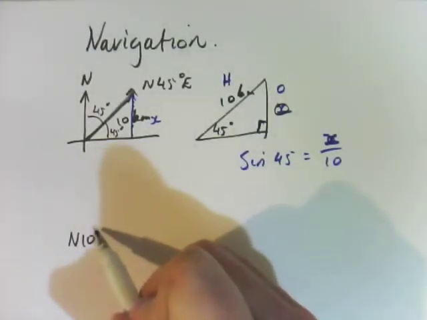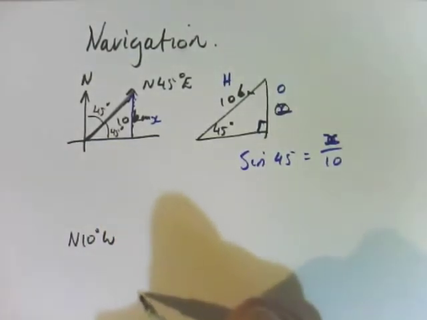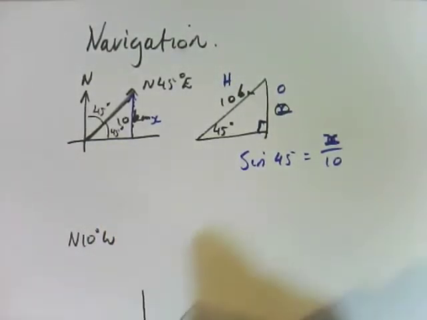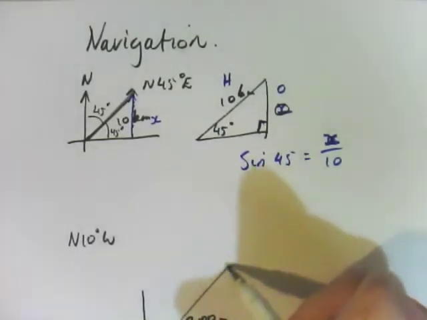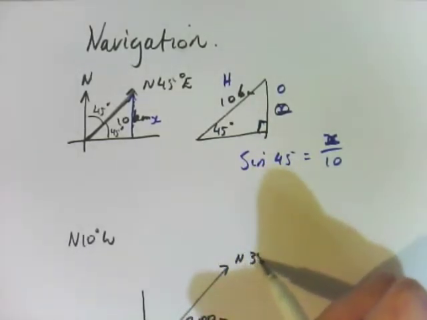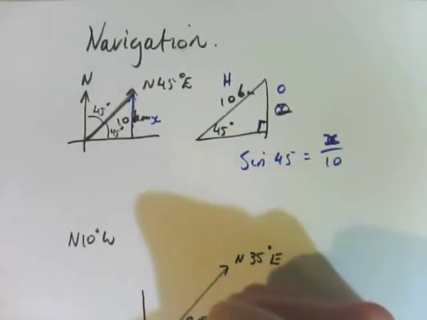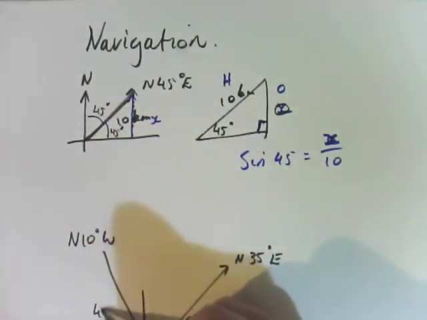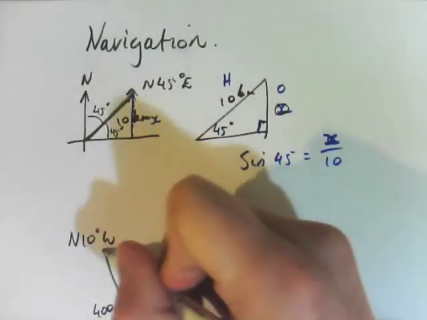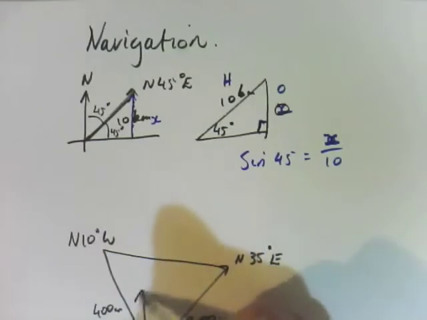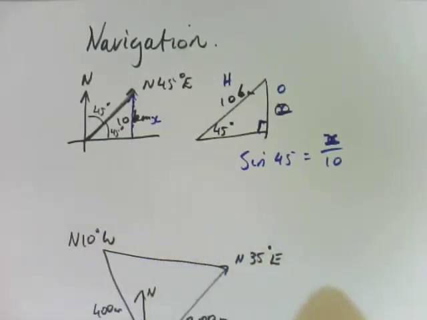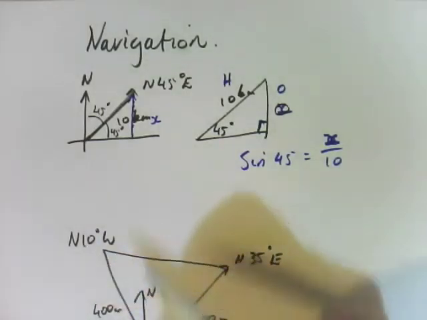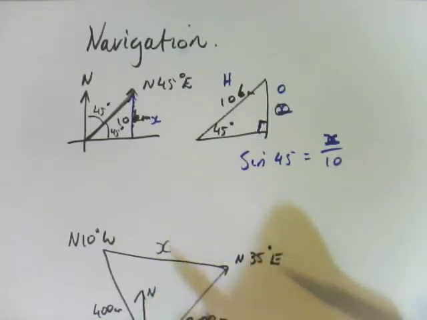Some of the more tricky ones, so we've got a question 2a here, where we've got a north 10 degrees west, and that's on a bearing of north 35 degrees east, and that's 400 metres. So this is question 2a, and it's asking you to find this side here.